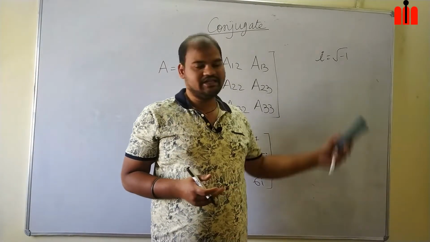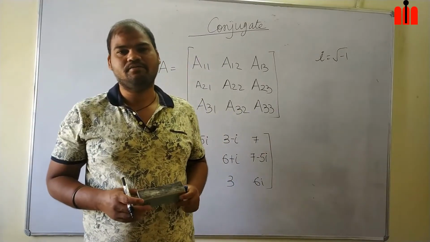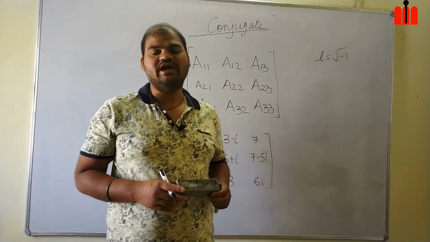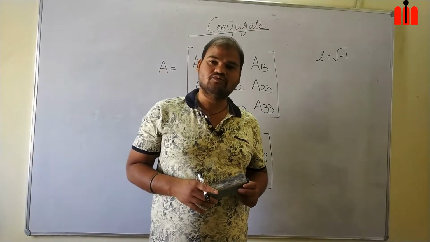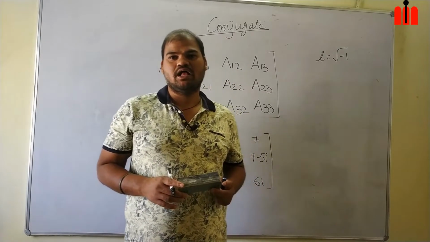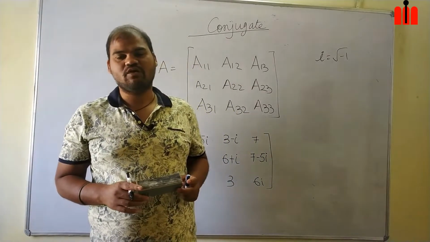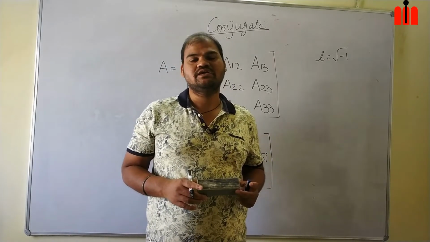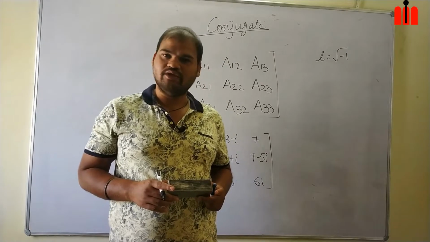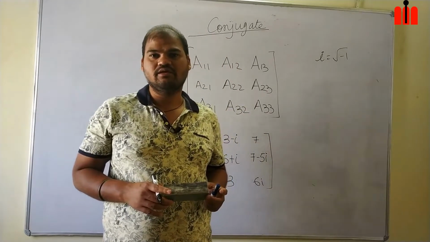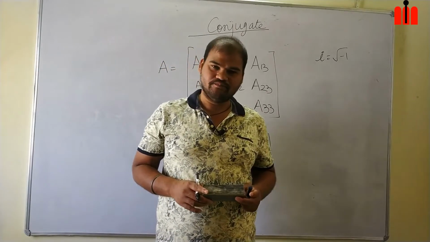When we get this i, you might have gone through the formula of Sridharacharya for finding the roots of a quadratic equation, which gives -b plus or minus root of b square minus 4ac, by 2a. There are chances that b square minus 4ac can be negative.